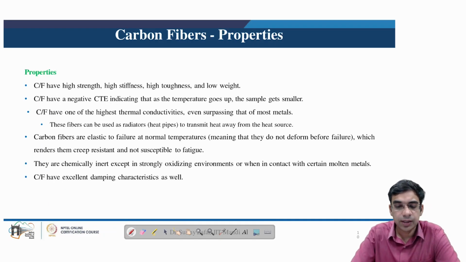So next are some other properties of carbon fibers. These include high strength, high stiffness, high toughness and less weight. Carbon fibers are also unique in terms of their coefficient of thermal expansion, which is negative.